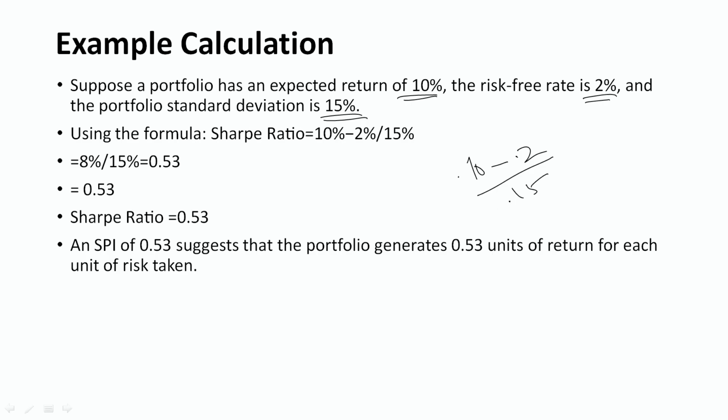So, at the end I am going to get a value of 0.53. So, 0.53, what does it suggest? It suggests that the portfolio generates 0.53 units of return for each unit of risk I am taking. So, it means to say that for 1 unit of risk I am taking, I am getting a return of half of it.